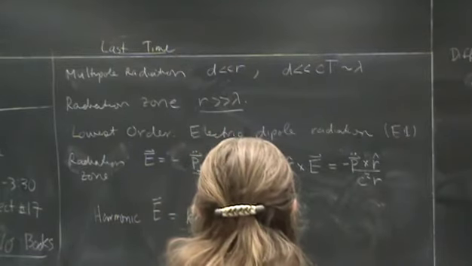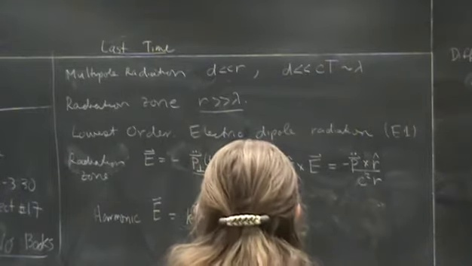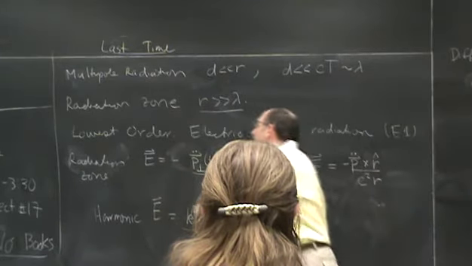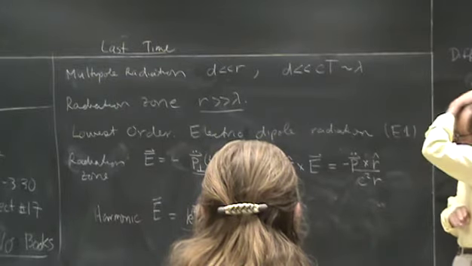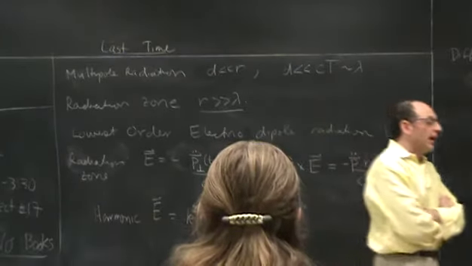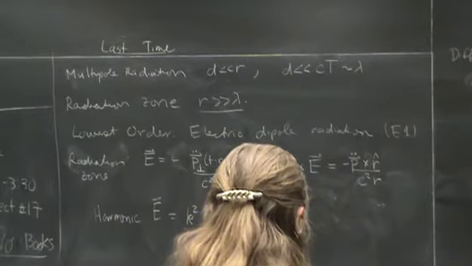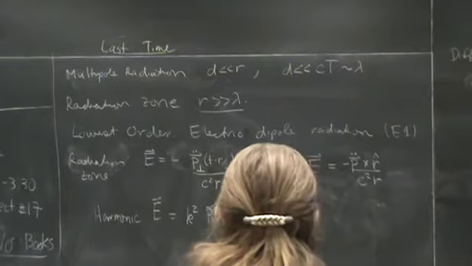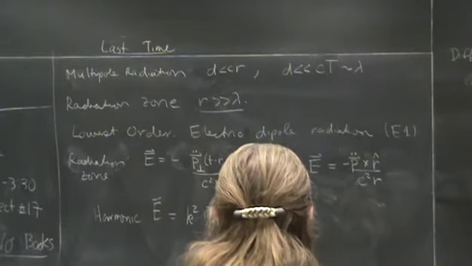So the dominant term in the multipole expansion is the electric dipole term, and the radiation associated with that, the electric and magnetic fields, are related to the second time derivatives of the electric dipole moment evaluated at the retarded time. Okay? And they are transverse to the direction of observation, which is radially out from the origin.